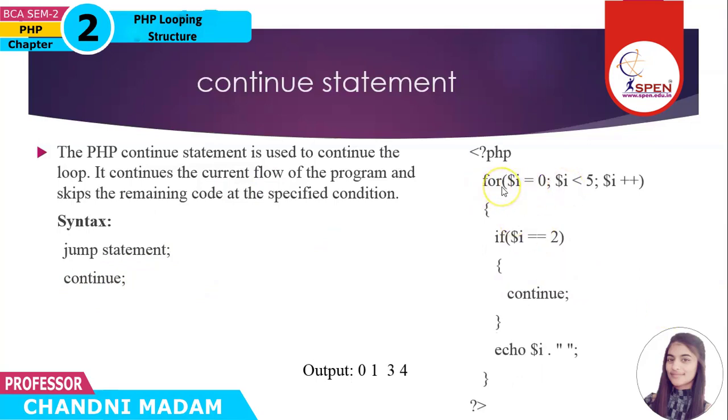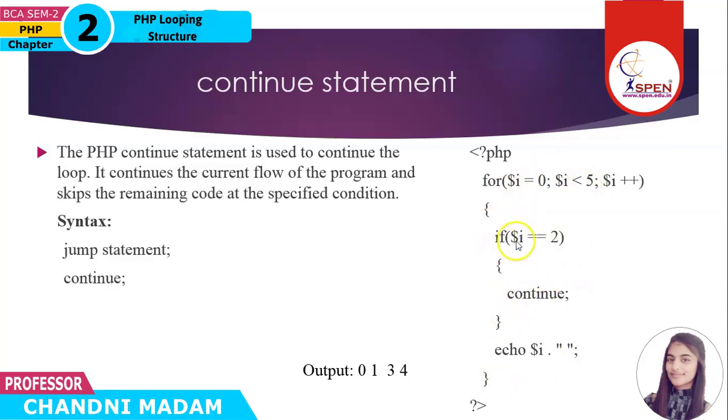We have used a for loop. In the for loop, we initialize our counter to 0 and give the condition I less than 5. And every time we increment our counter by 1. Now, in the first pass, I value is 0. So, 0 is less than 5, the condition is true, so it goes into the for loop.